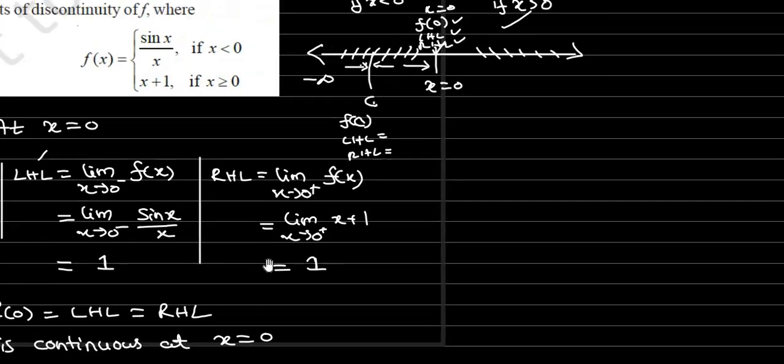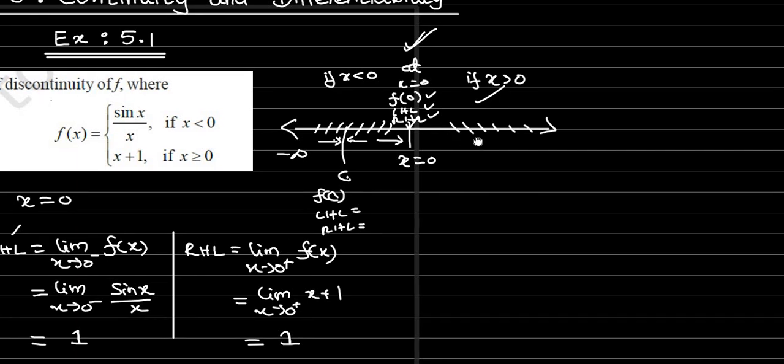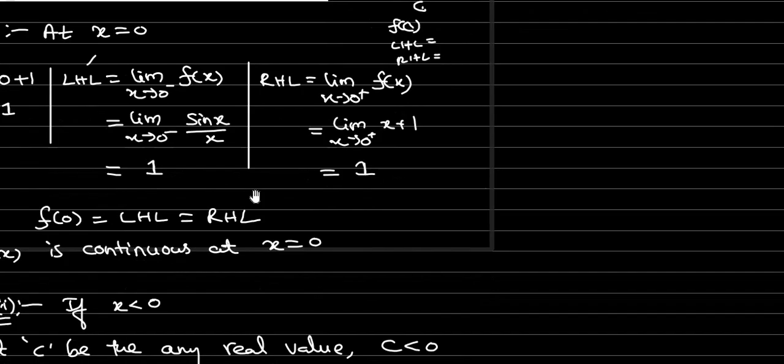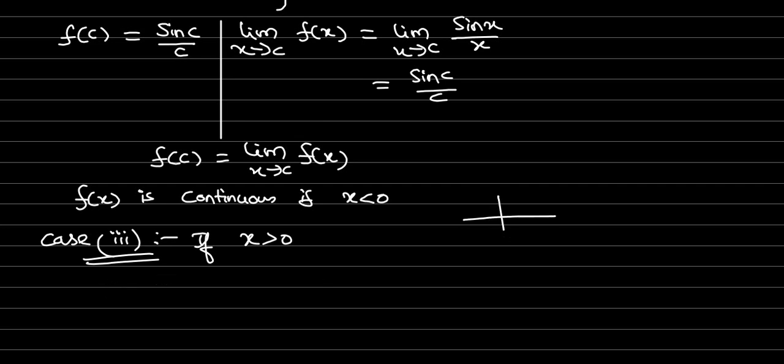Now finally we have to check for the other interval as well. Okay, if x is greater than 0, how the function is here, whether it is discontinuous or continuous, we are going to check. So at 0 we broke the line, here infinite.